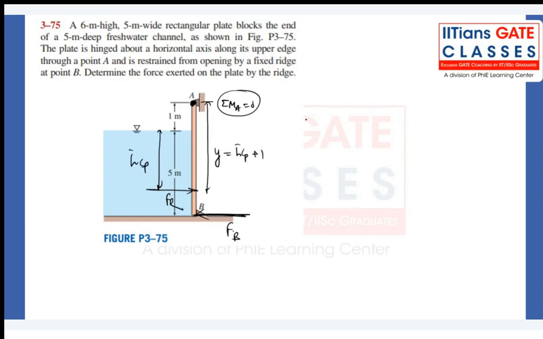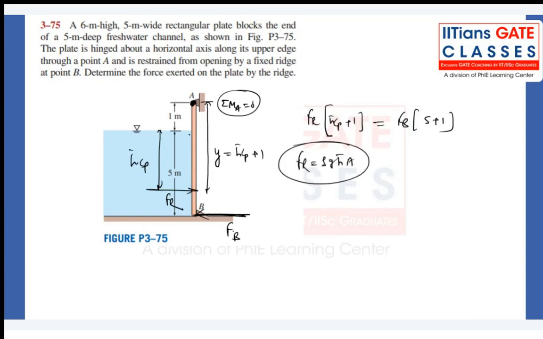So what can we write? The resultant force into h bar Cp plus 1 equals Fb into 5 plus 1. Through that, when you calculate, you will get the answer. But remember, the area will be this area, which is in the water. Getting my point, all of you?